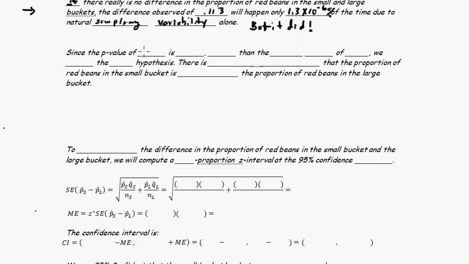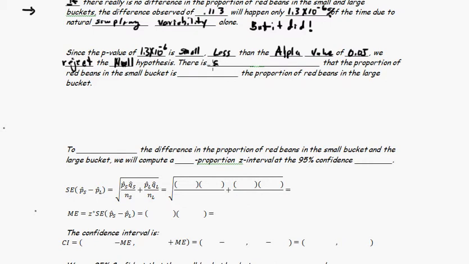Since the p-value of 1.3 times 10 to the minus 6 is small, less than the alpha value of 0.05, we reject the null hypothesis.